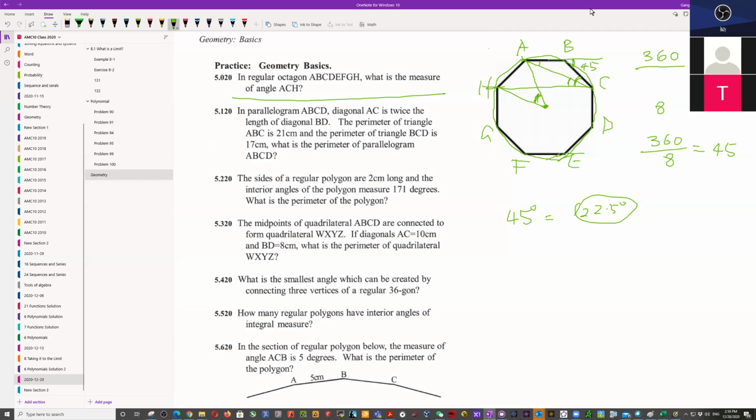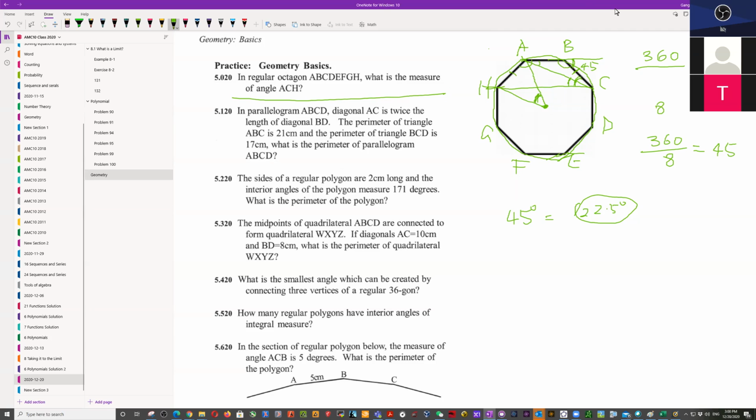How can I tell this is a trapezoid? Because this angle and this angle are the same, and the length of this is the same. So basically I know that this is an isosceles trapezoid with equal legs.